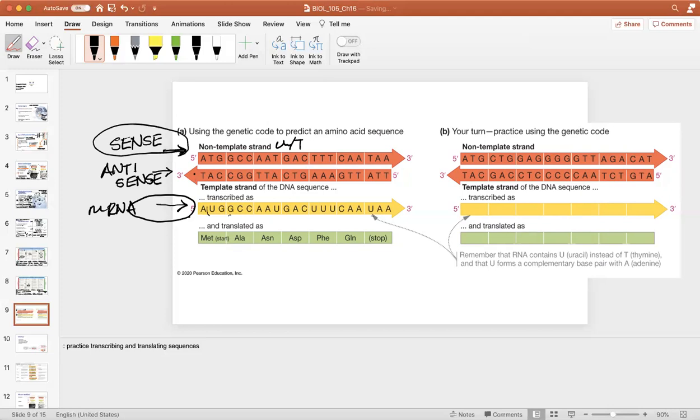I don't know if your book does that, but I know that other textbooks will use these terms sense and antisense. Now, if you had an amino acid chart in front of you, you would be able to take this mRNA message and look up each of these codons, and translate them into amino acid sequences.